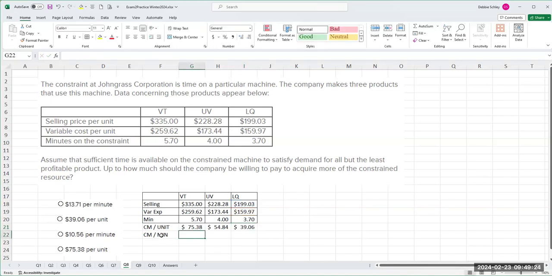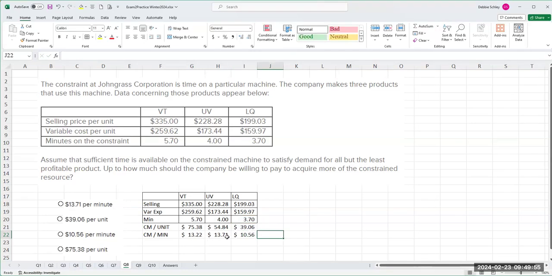Now to get the contribution margin per minute, I'm going to take the contribution margin per unit and divide it by the minutes on the machine. And that gives me the contribution margin per minute. So I'm going to drag that formula across.